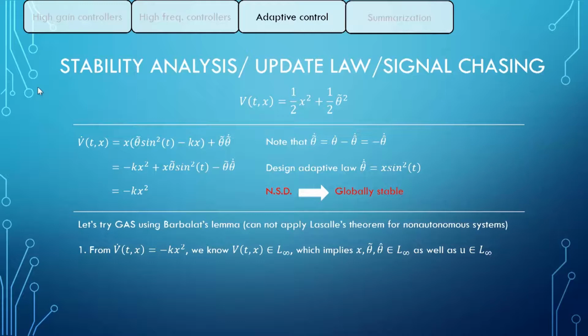Given an initial condition, v will either be a constant or a decrease, right? So v dot equal to minus kx implies v is bounded.